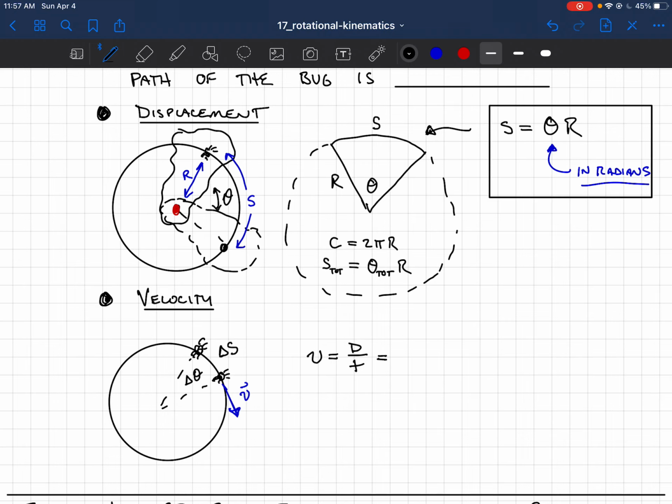In this case, the distance traveled is just delta s, and the time traveled we could just call delta t. We already know the relationship between delta s and delta theta. We see from this picture and from the equation above that delta s is equal to r delta theta.